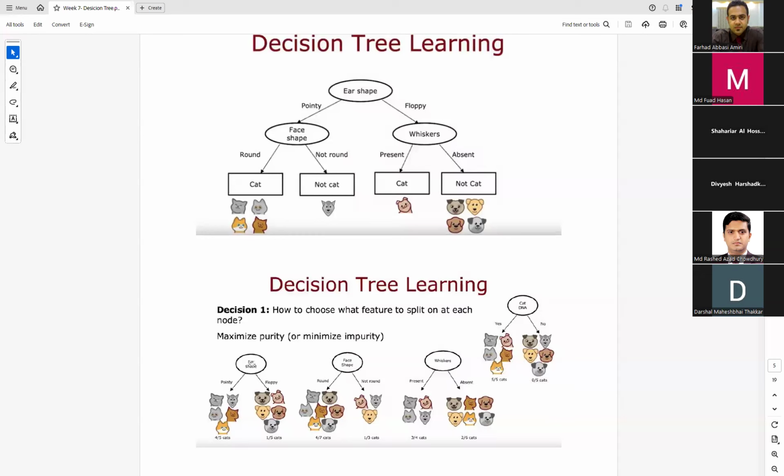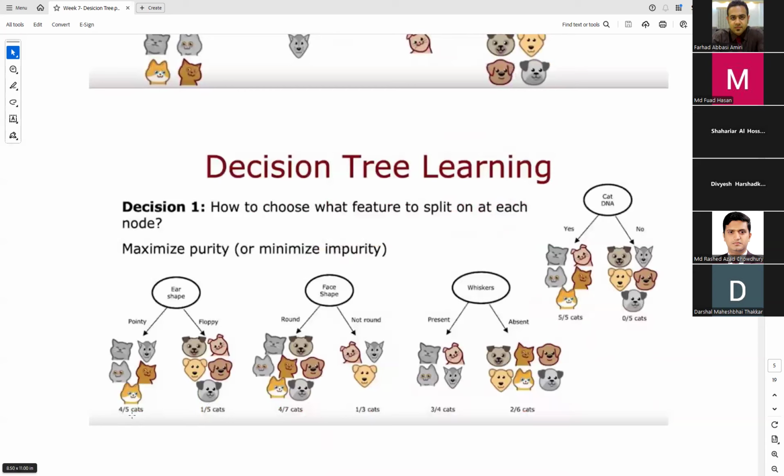For example, if we start splitting the data on this feature ear shape, then we have two possibilities, pointy and floppy. On the left branch, you can see among 5 animals, 4 of them are cat, right? 4 over 5. And on the right branch, from 5 animals, just 1 of them is cat. And the rest of it, the majority of it, is dog.